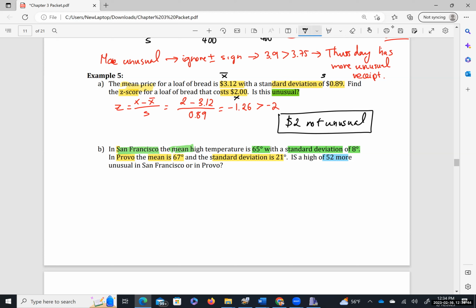We have to find the San Francisco z-score by using the formula x minus x bar divided by s. Here the x is 52, for both San Francisco and Provo, right? 52 minus 65 divided by 8, and you should get negative 1.625.